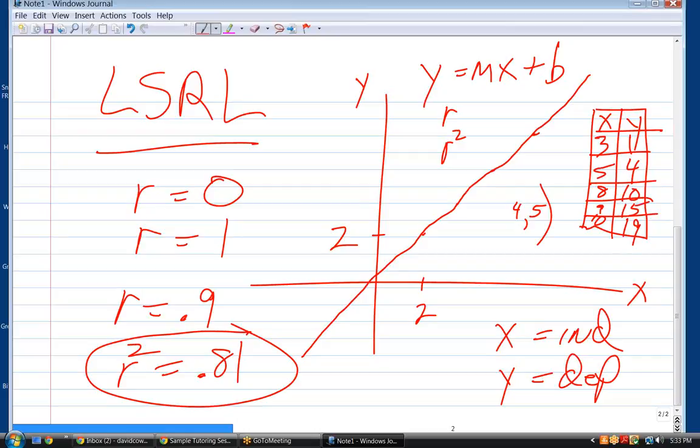So now I have my L1 list and my L2 list, and you want a linear regression of the format y equals mx plus b between those 2 lists. And linear regression isn't the only kind you can do. You can do quadratic regression, you can do exponential regression.